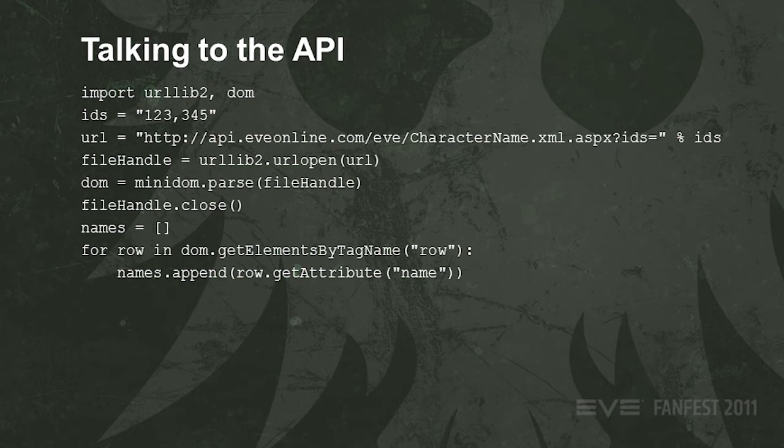And talking to the Eve API is a very similar proposition, like the guys have gone through. You parse it with minidom, and then you just traverse the tree. And I'm doing all this stuff extremely naively, just in order to get the information that I need for my sample. But there are a lot of third-party libraries out there that are doing this much better.